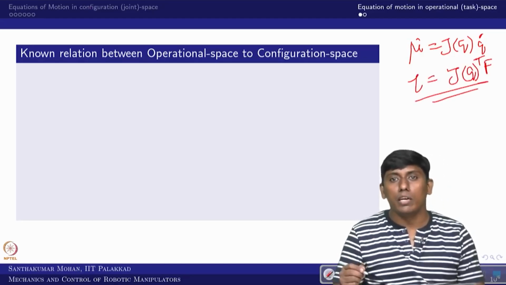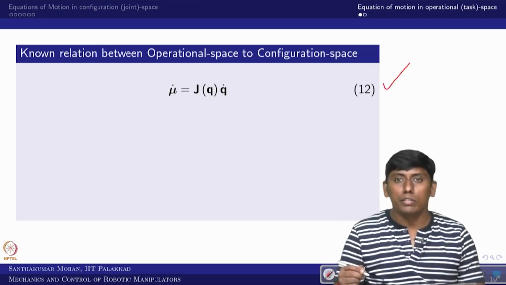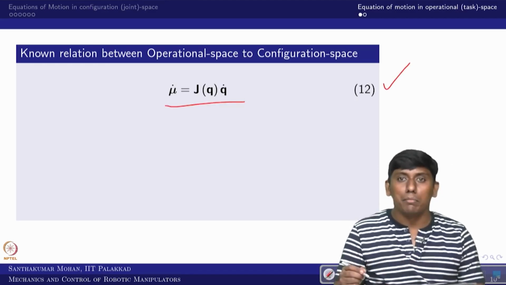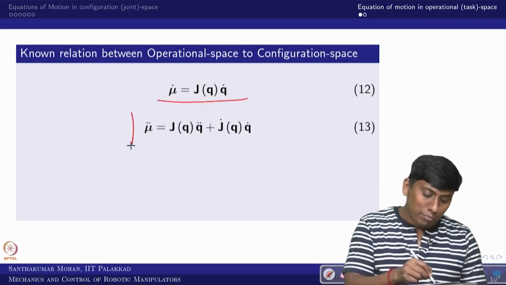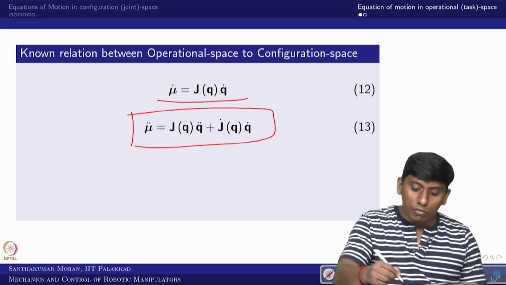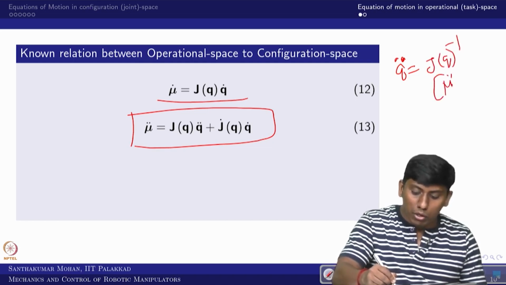These two equations we are going to use. This is the forward differential kinematic equation. Then if I differentiate further, I will get mu double dot in this form. From there I can take q double dot as J of q inverse into mu double dot.